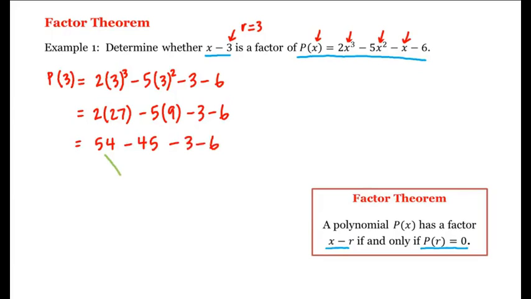And 54 minus 45 is 9, and then minus 3 minus 6 is negative 9. So sure enough, yes, this is equal to 0. So since p of 3 is equal to 0, x minus 3 is a factor of p.